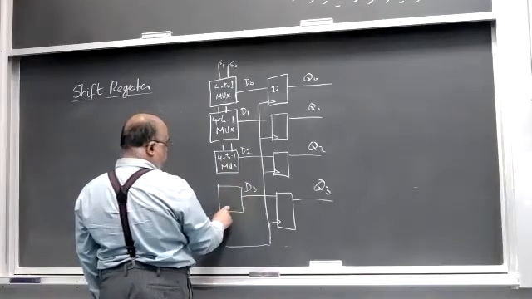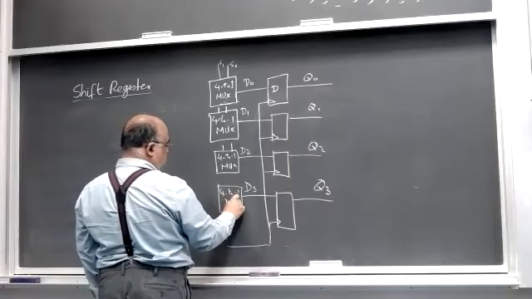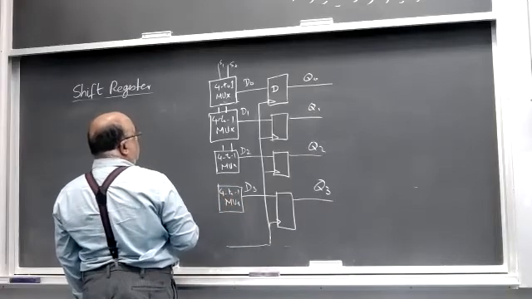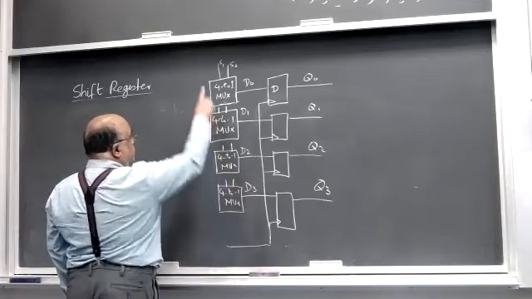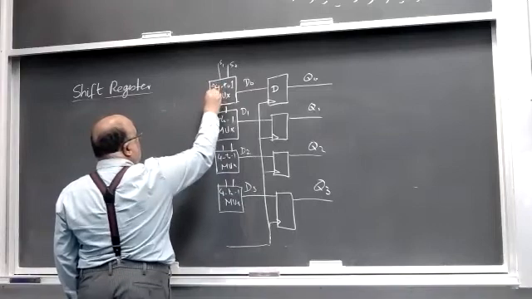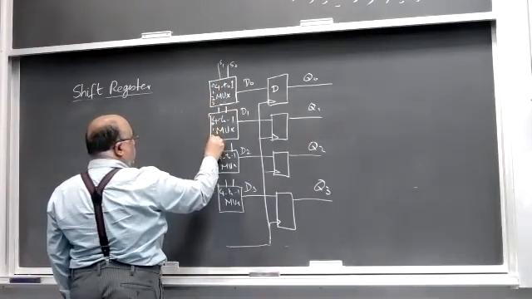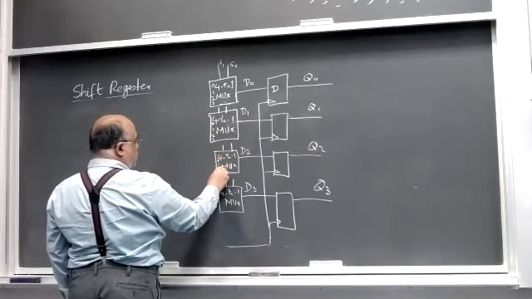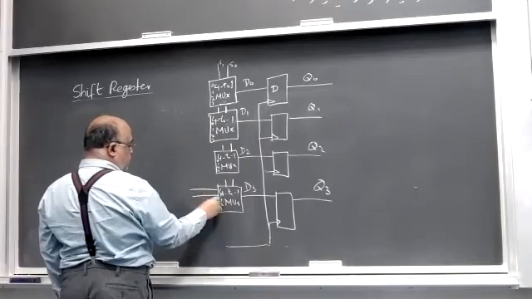4 of these 4-to-1 multiplexers. And of course, all of these multiplexers have the same select lines. Select lines 0, 1, 2, 3, for each multiplexer, 4 inputs.